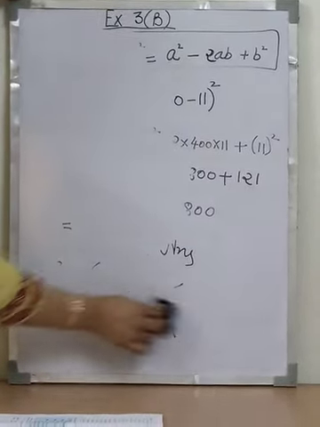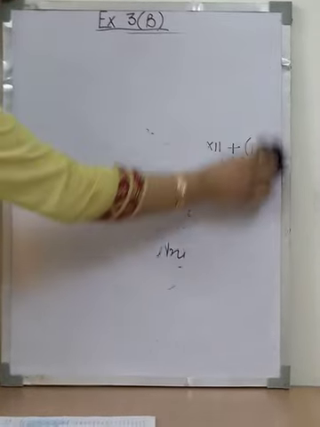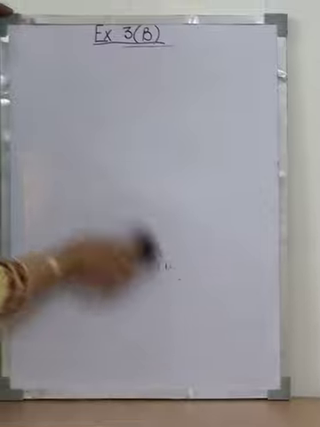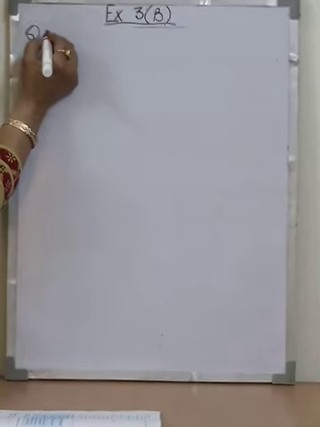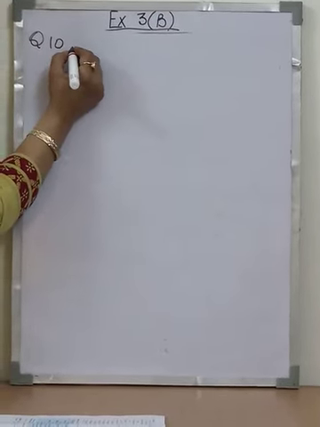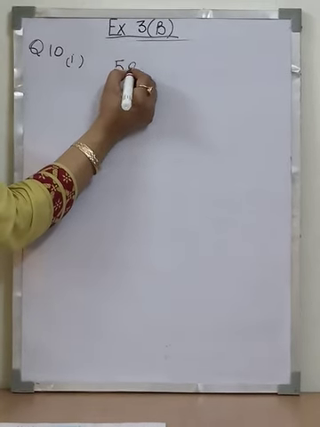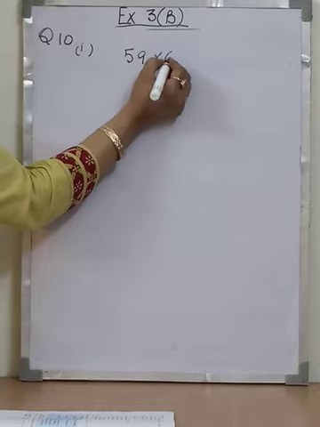Question number 10, they are saying evaluate. We are looking for the value. The 10th first part, first I will say, it is 59 into 61.